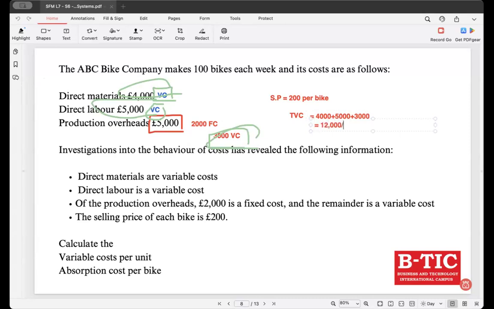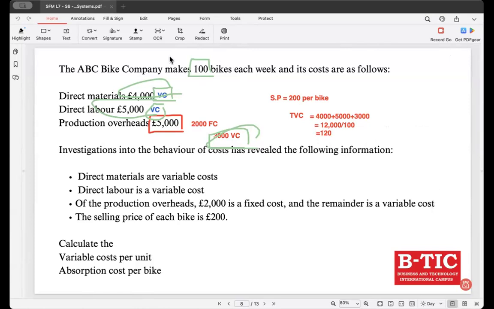So 12,000 divided by 100, which is the number of bikes, gives the variable cost per unit, per bike, of £120. Is that clear? The rest of the students who did not raise their hands, is it clear? If you have any questions, clear it now, please. It's clear, all good? Yes, okay, great.